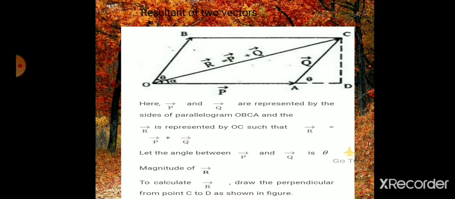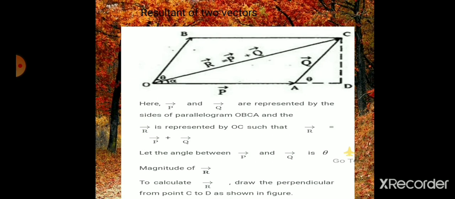Now let us find the magnitude of the resultant of two vectors A and B. Here, instead of A and B, the vectors are marked as P and Q. Let P and Q form the sides of a parallelogram OBCA, such that resultant R is equivalent to vector P plus vector Q. Let the angle between vector P and vector Q be theta.